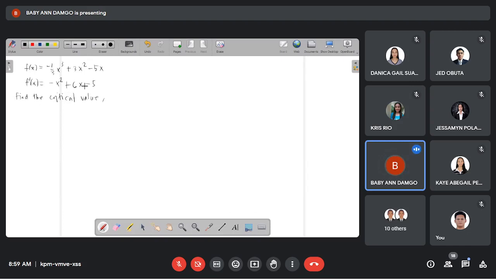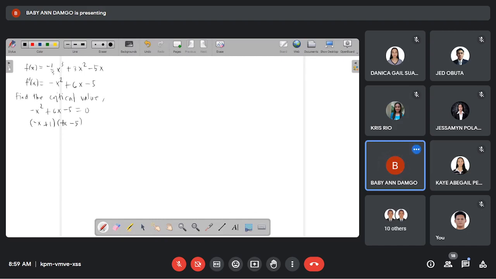So we let this be equal to 0. So negative x squared plus 6x minus 5 is equal to 0. Okay, so factor, we have negative x and then x. So to get 6x, we have negative 5 plus 1. So let's check. It's negative x squared, positive 5x, positive x.